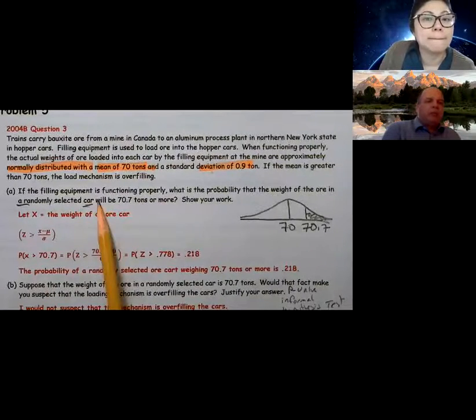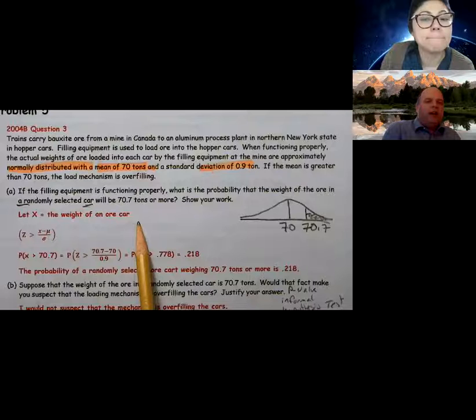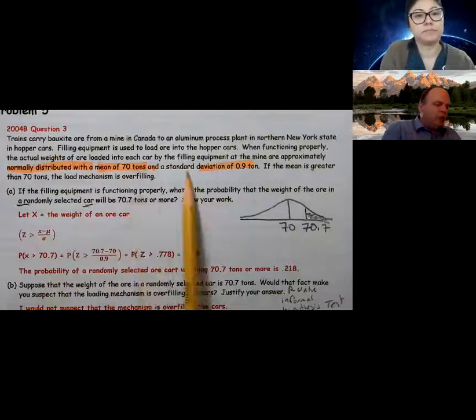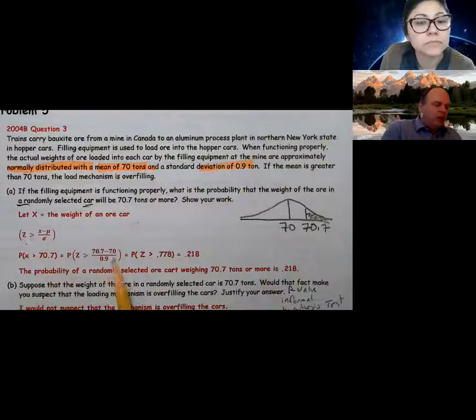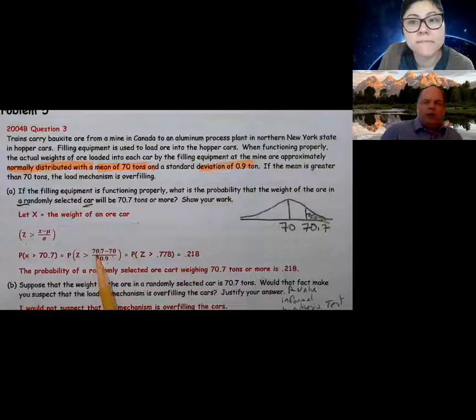So let X be the weight of an ore car. And since they told me it's normal, I go to my standard Z equation, and I plug in the mean is 70, the standard deviation of 0.9, and the X value of 70.7.